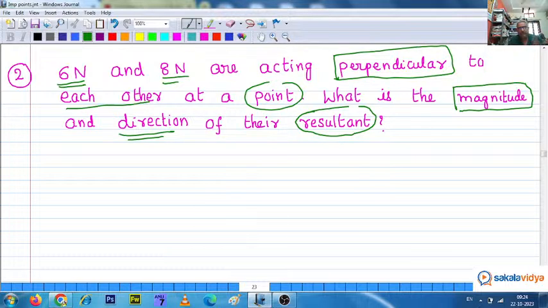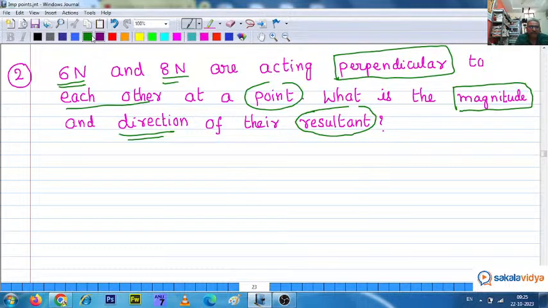The first force is 6 newtons, the second force is 8 newtons. Both are acting at a point. They are perpendicular to each other. That means the angle between them is 90 degrees. And then we need to find the resultant vector. The magnitude of the resultant vector means the force, that is mod of r, we need to find out. Next, the direction of their resultant also. If the direction of their resultant is alpha, then we need to find tan alpha. From that we can determine the alpha value.